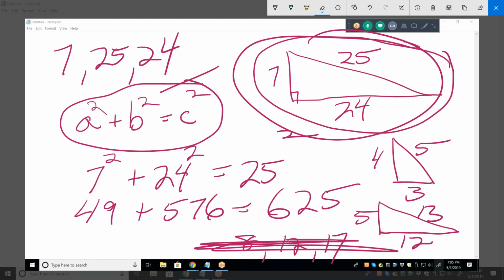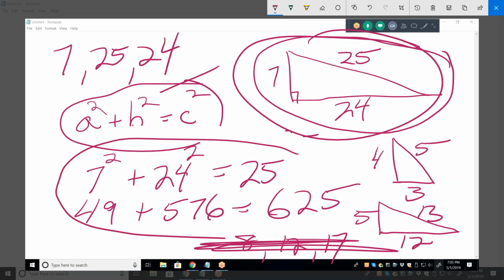It's useful if you know them, because then you don't have to do all this math. If you don't recognize the perfect Pythagorean triples, then you have to go through the Pythagorean theorem. But if you recognize them, and all multiples of them, it's not just a 3, 4, 5, but it could be a 30, 40, 50, or a 6, 8, 10, as long as it's in those ratios.